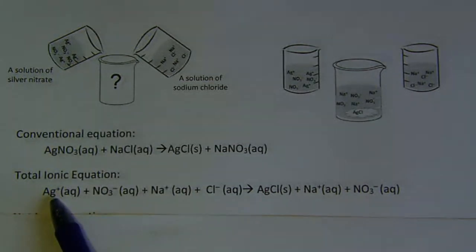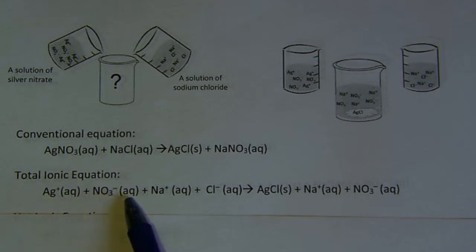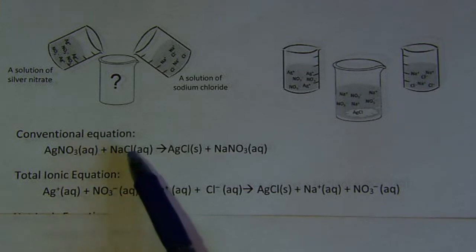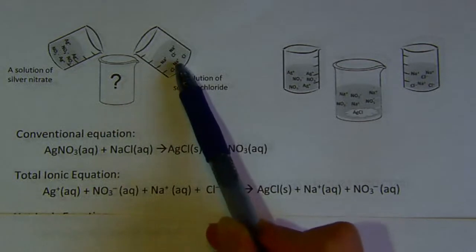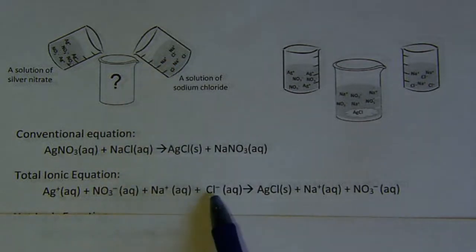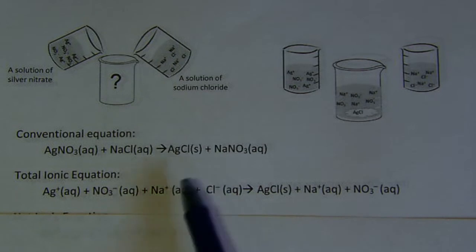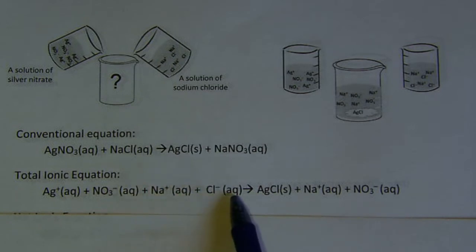Silver ions in solution, nitrate ions in solution. My sodium chloride exists in solution as free sodium ions and free chloride ions. So we've got sodium ions in solution and chloride ions in solution.